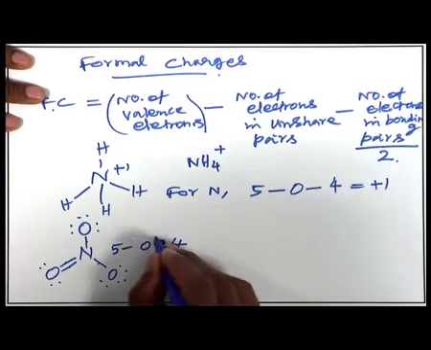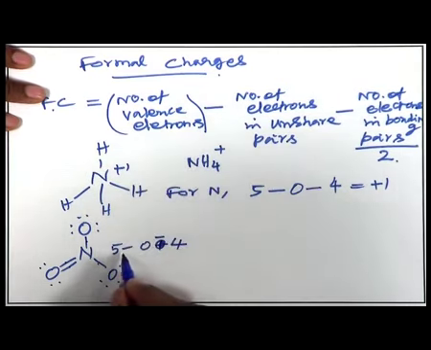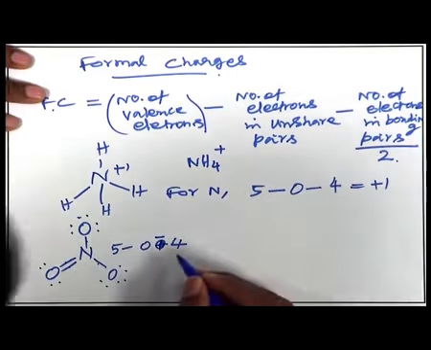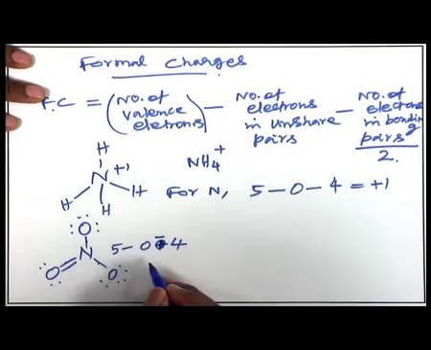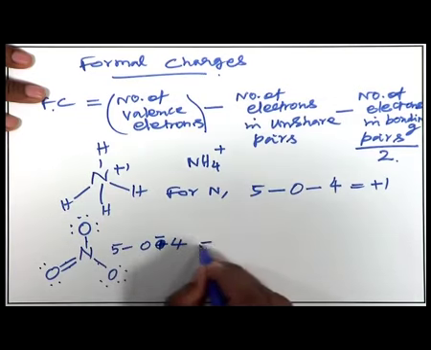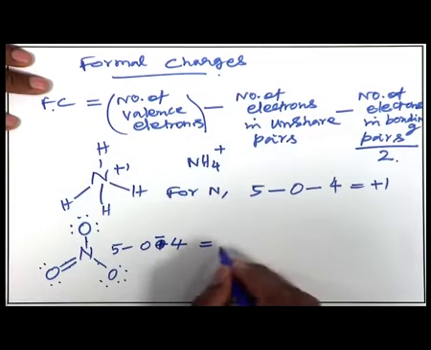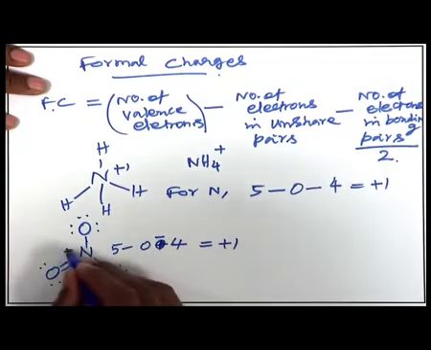Sorry, here it should be minus, because it is valence electrons minus unshared electrons minus bonding electrons divided by 2. There are 4 bonds, that means 8 electrons divided by 2 equals 4. So that gives a charge of +1.